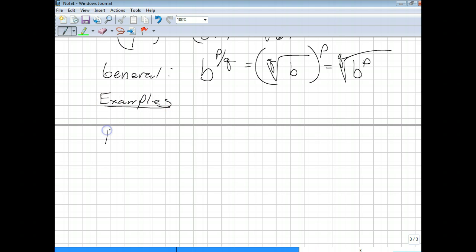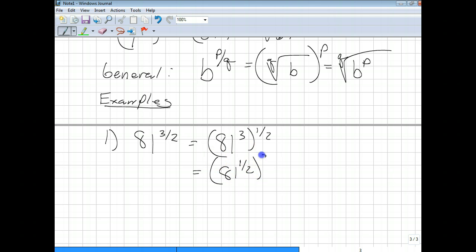So, number 1, I have 81 to the 3/2. Okay, well that's the same thing as 81 cubed to the 1/2, or I could do 81 to the 1/2 cubed. Which one is going to be easier to do? Think about it.